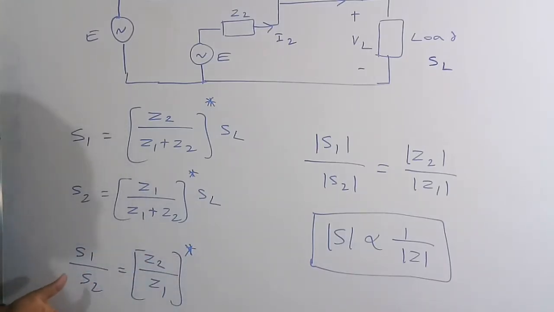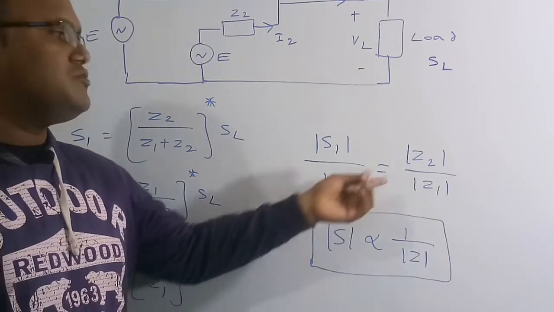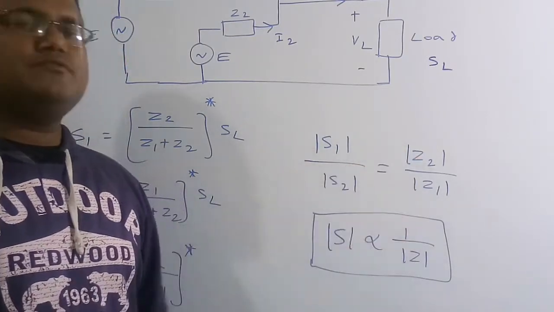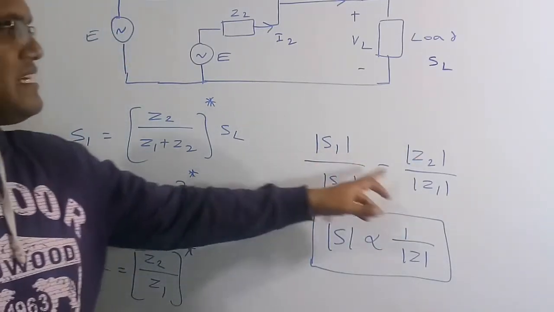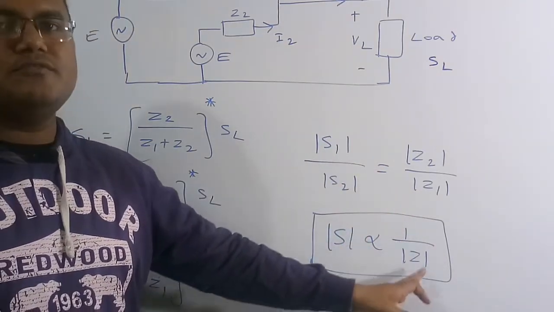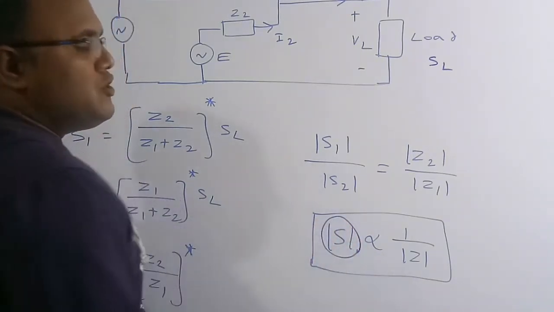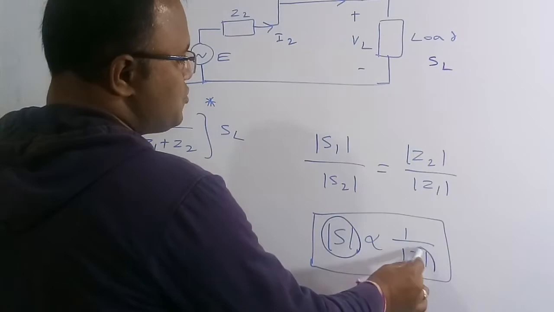These are complex values, but I want the magnitude, so the magnitude of S1 by magnitude of S2 is equal to magnitude of Z2 by magnitude of Z1. So we can say these are inversely proportional. Therefore, magnitude of S is inversely proportional to magnitude of Z, so the amount of complex power transferred to the load is inversely proportional to its impedance.